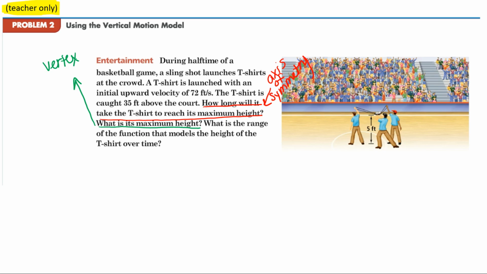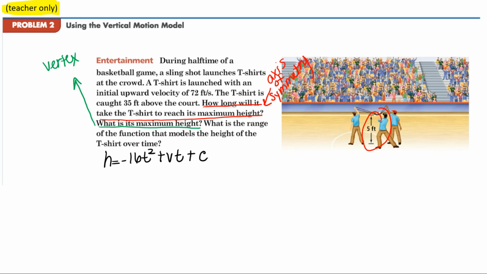So in this case, over on this diagram, I know it might be hard to see, they're telling you right there the t-shirt is starting 5 feet above the ground. They're not launching it from 0. So the formula, remember, it was h equals negative 16t squared plus velocity times time plus that starting height.